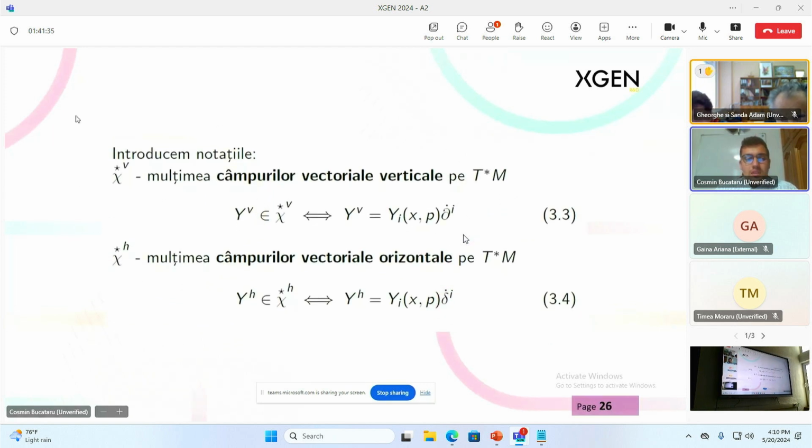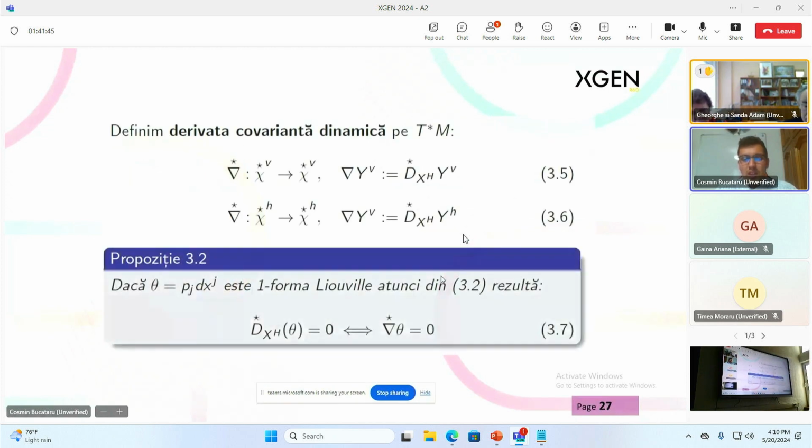We introduce two notations, key star V and key star H, which denote the vertical vector fields and horizontal vector fields. And with these notions, we will introduce the new operator Nabla star, which can be seen in the relations 3.5 and 3.6.